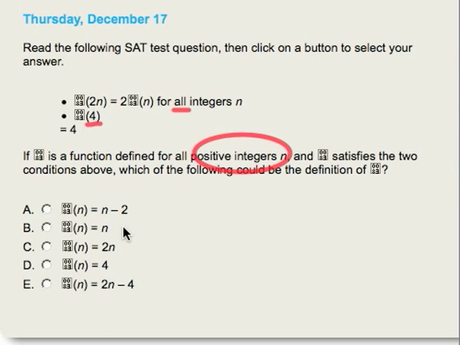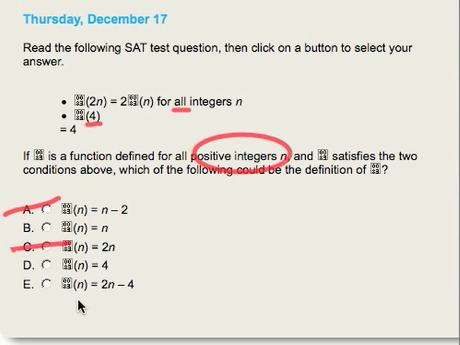Multiple choice test, right? So if you plug in 4 here, then you'll get box 4 equals 4 minus 2. Does that equal 4? Nope. B, if you plug in 4, does that equal 4? Yep. If you plug in 4 here, what do you get? No, that'd be 2 times 4. That's 8. If you plug in 4 here, you're getting 4. Okay.